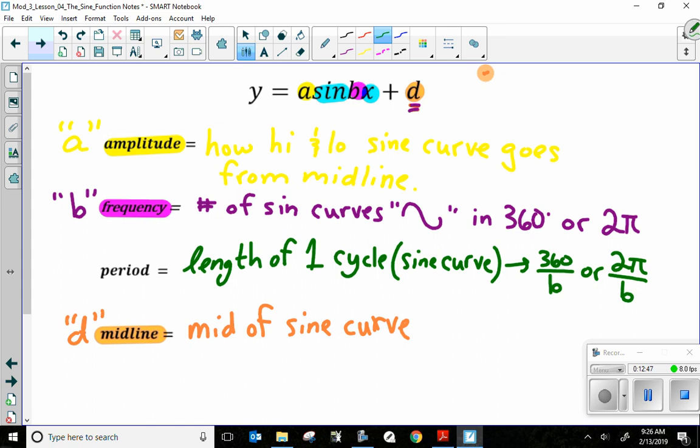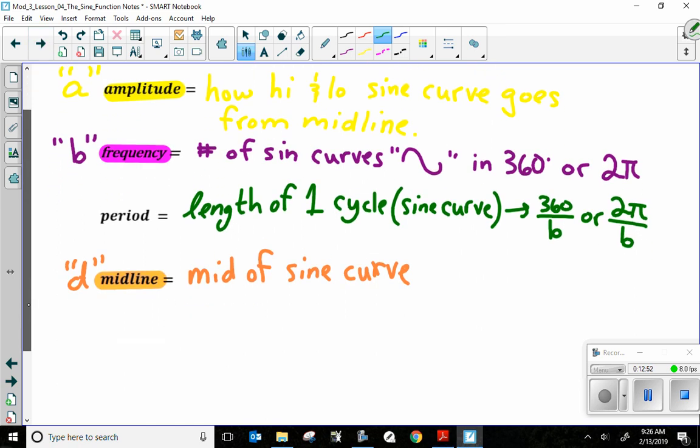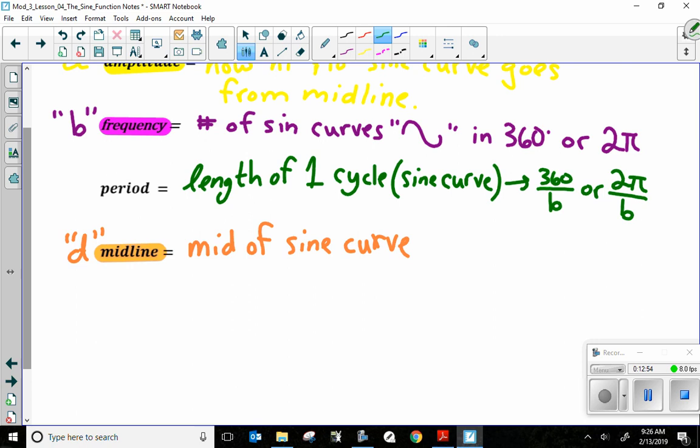All right? Now, frequency and period have a special relationship. Here's a little side note. If I have the period and need the frequency, I can do the same thing.